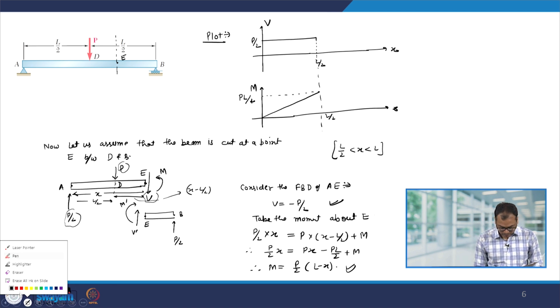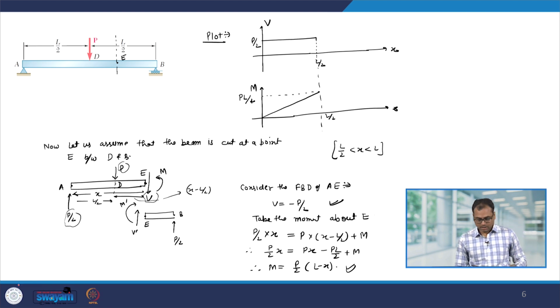So, let us look at the plot of these. You can clearly see here that V is minus P by 2 in the region L by 2 to L. Now, let us plot the bending moment.